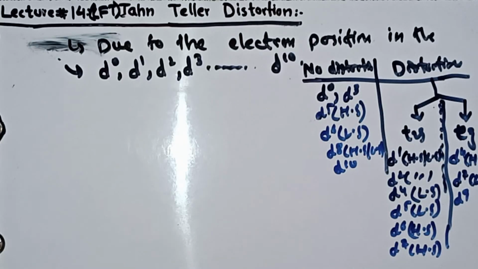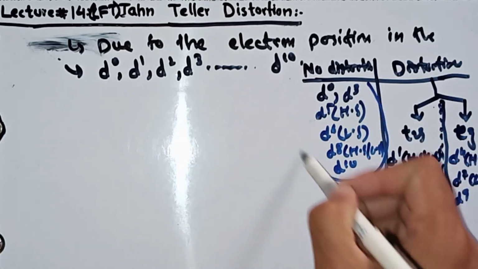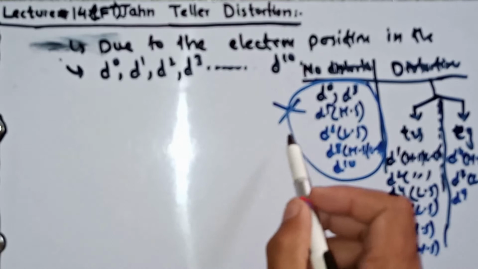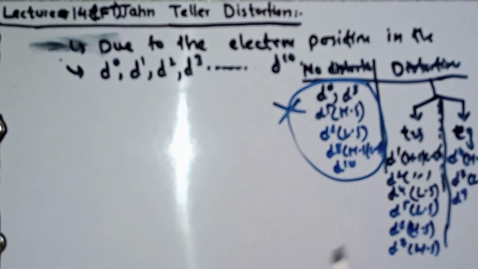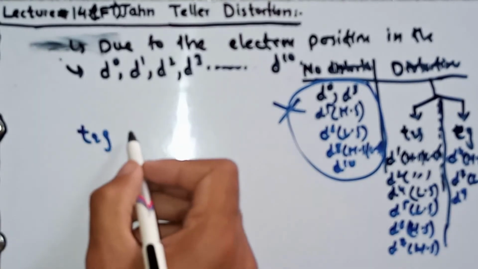So in these cases, where some have no distortion and some have distortion, there are two kinds: one is T2G, one is EG.